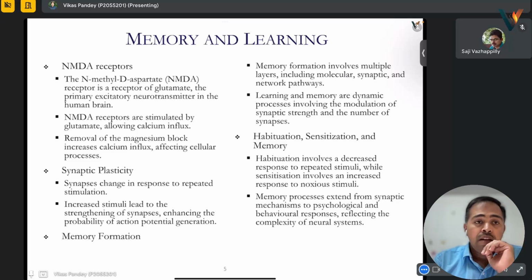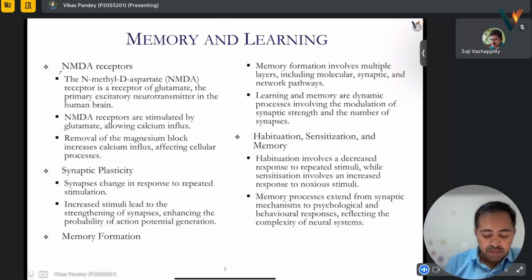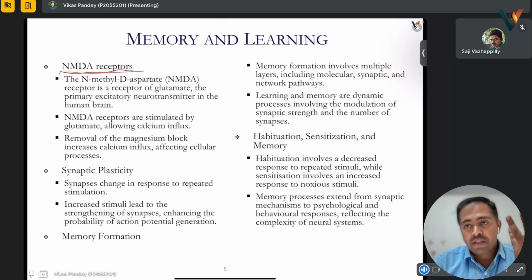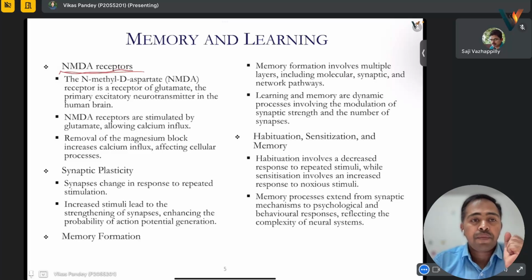Then the second and very important role is of the NMDA receptor. In fact, the last lecture was quite much dedicated to NMDA. So, what is NMDA? NMDA is a chemical name, N-methyl D-aspartate, that is a receptor for glutamate.